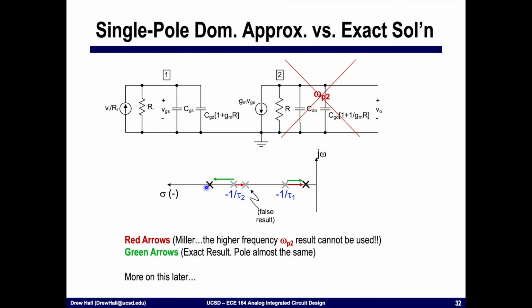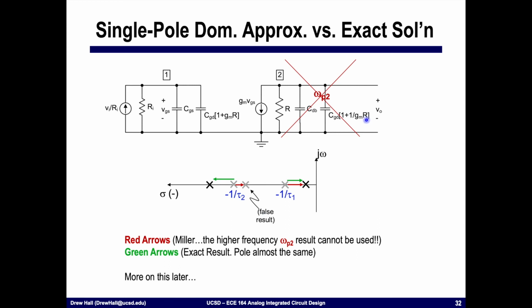However, if we were to continue to try to use the result we just got from Miller's theorem and Miller's approximation, it's bringing the pole in. Okay? And this is really because if you look at what's happening here, when we add this additional capacitance, it just adds right on to CDB, and so it brings the pole in, and it gives us what I'll call false results. Okay. This is entirely due to the fact that the gain that we are using here is incorrect.